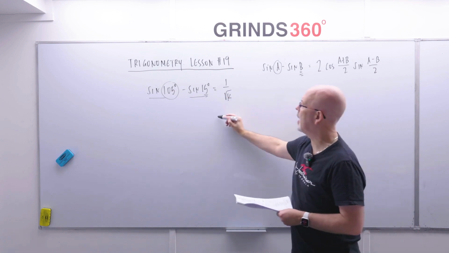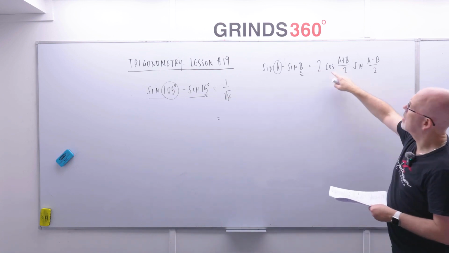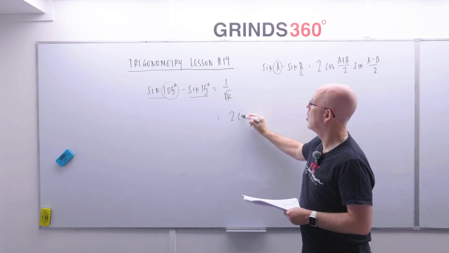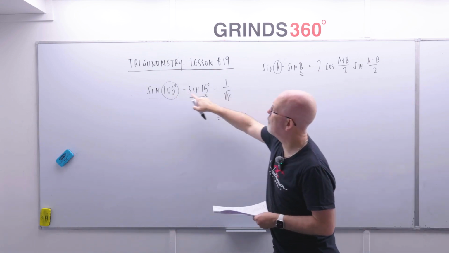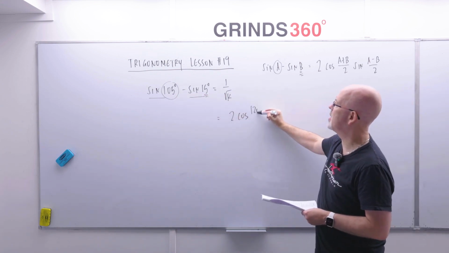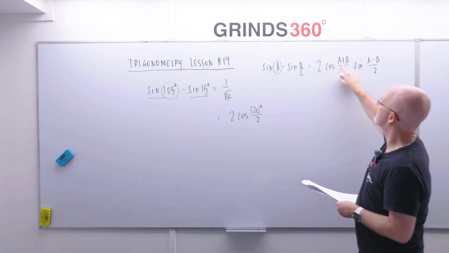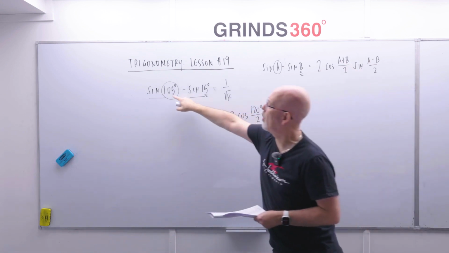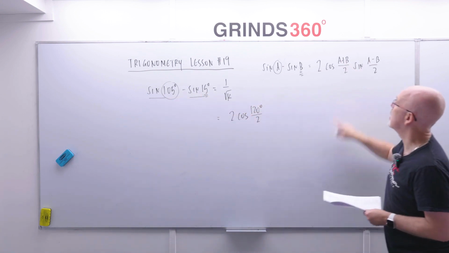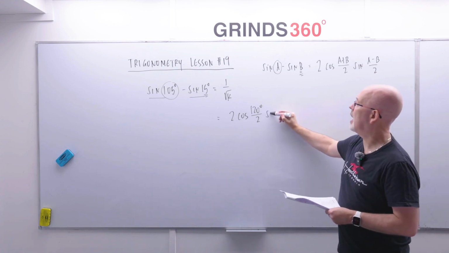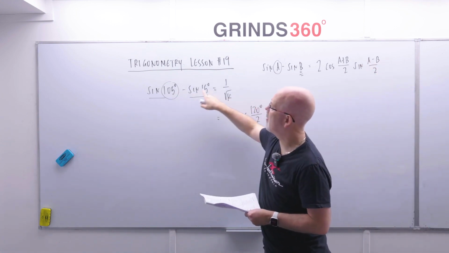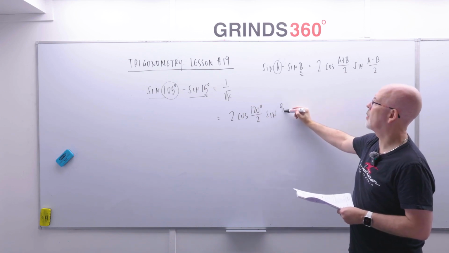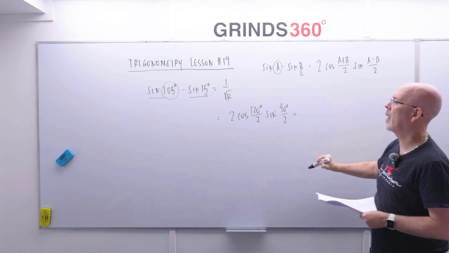So what we're going to get here is 2 times cosine of A plus B, which is 105 plus 15, that's 120, over 2, times sine of A minus B, which is 105 minus 15, that's 90, so it's 90 over 2, okay?